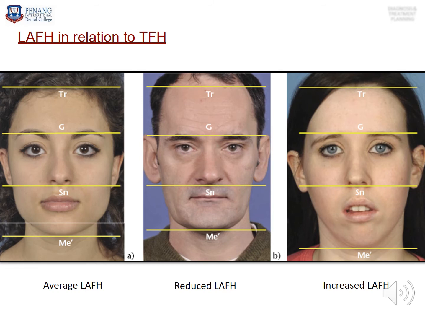So we can say that this patient has a reduced lower anterior facial height in relation to the total facial height. And in the last photo, you can see that the patient has a slightly increased lower anterior facial height in relation to the total facial height. So you can check this by eyeballing and from the imaginary line.